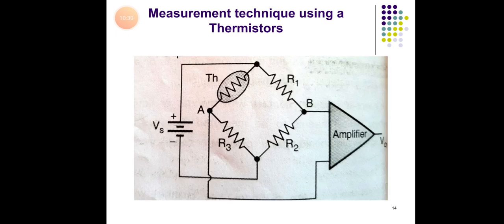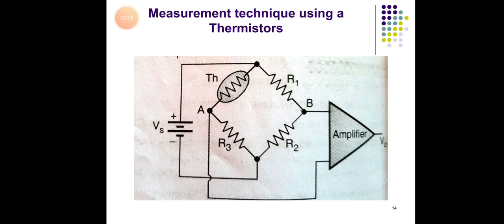The measurement technique using a thermistor. The next figure is on the measurement technique using a thermistor. The changes in the resistance of a thermistor due to the change in temperature can be converted into proportional voltage changes using a standard Wheatstone bridge as shown in the figure.